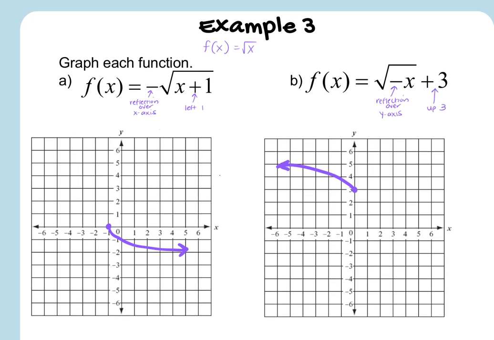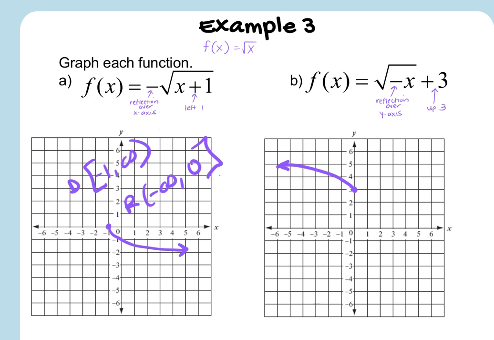Now, square roots will always have a restriction on domain and range, right? So if I go to A, my domain is from -1 to positive infinity, because my x values start at -1, include -1, go to positive infinity. My range starts at negative infinity and goes up to 0. So when it points down, my arrow's at the bottom, which means it's coming up from negative infinity.